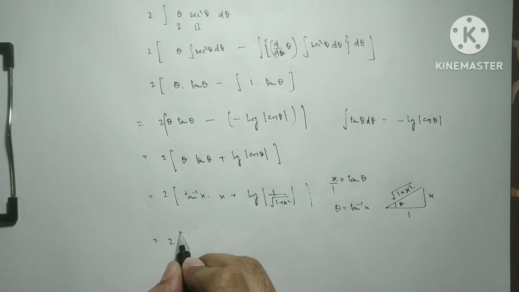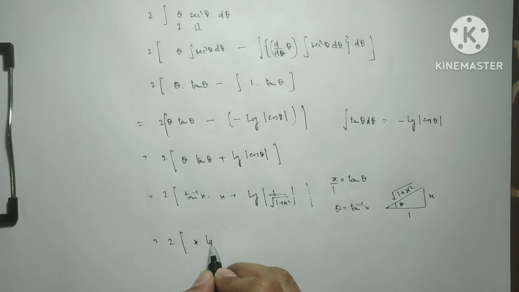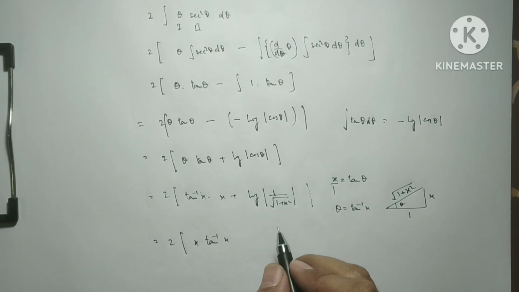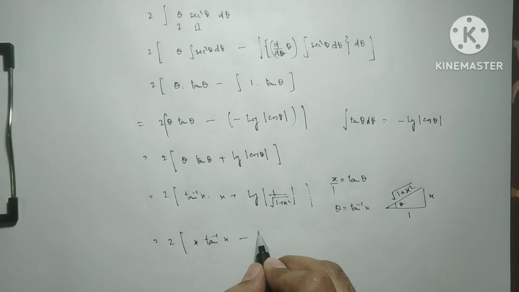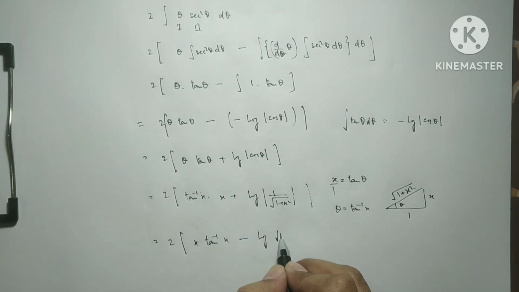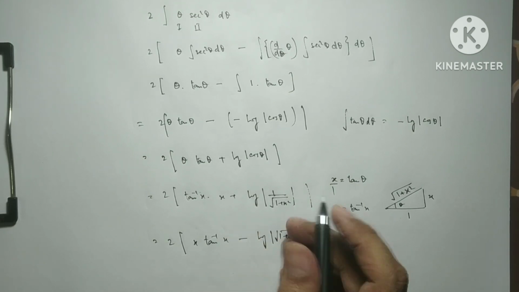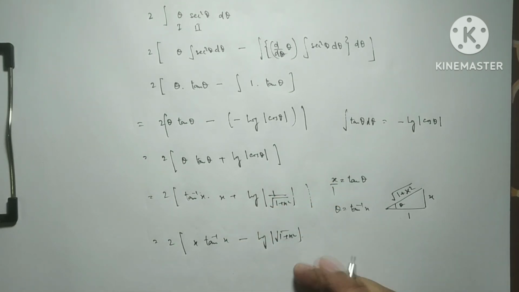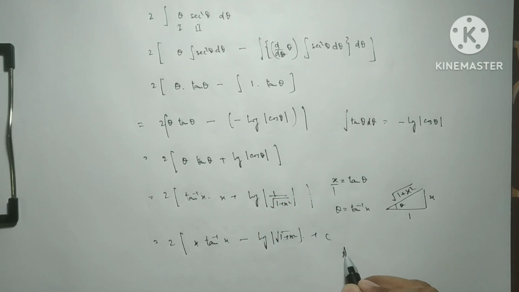Right now, using the log theorem, it is minus log of under root 1 plus x square. We can change the sign and reciprocate this, plus c, this is the answer. So right now our answer is in terms of x.